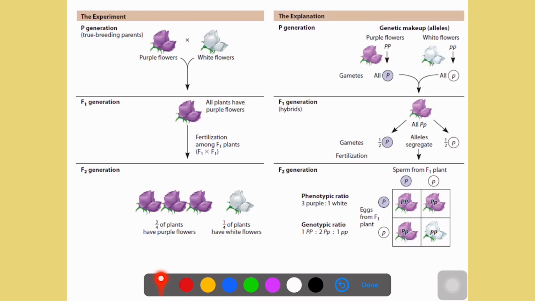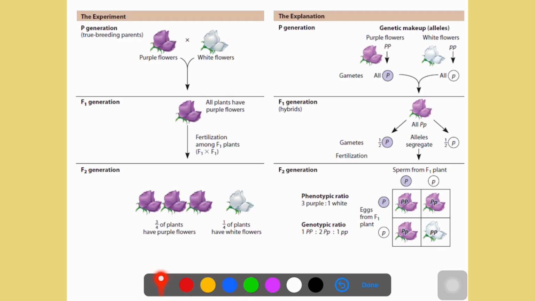So in his explanation, whatever he has observed in his experiment, he wrote down the explanation in such a way that he provided genotypes for each of the plants. Since the parental generation plants were true breeding plants, he made sure that the genotype of the parents were homozygous. So this is a homozygous purple, this is a homozygous white plant.